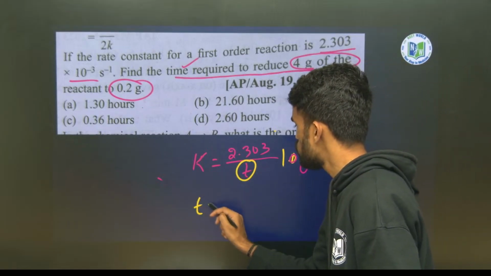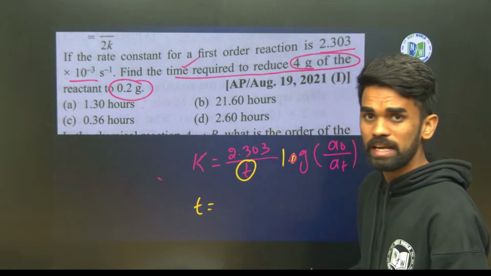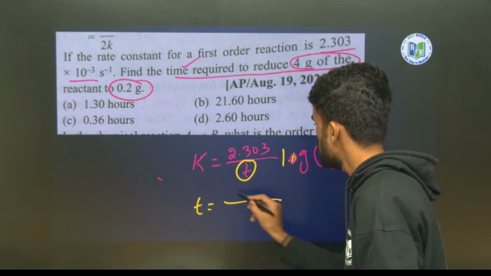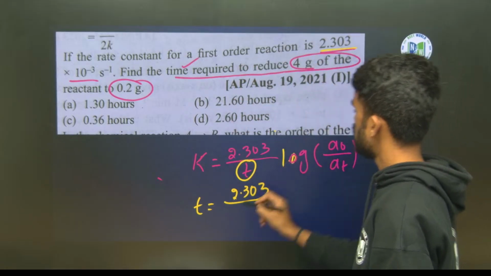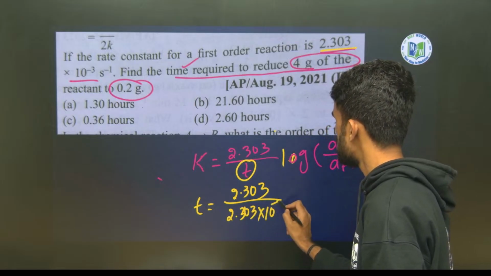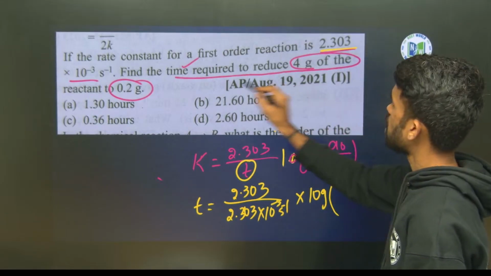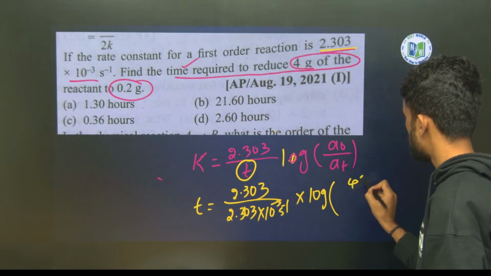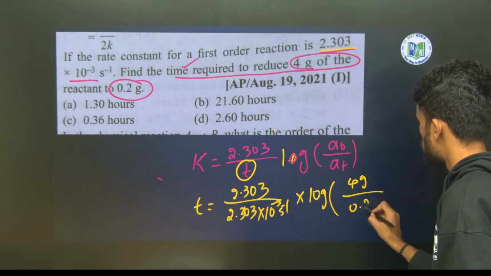If you are new to chemical kinetics, just watch my lectures on chemical kinetics where I have discussed everything. So T is 2.303 by K, and K is also 2.303 into 10 power minus 3 second inverse, into log of the initial concentration, which is 4 grams, by the concentration at time T, which is 0.2 grams.